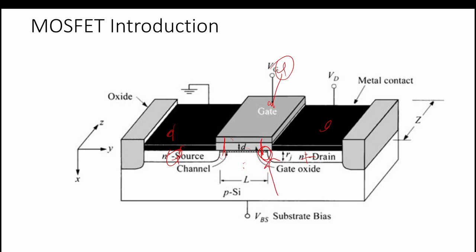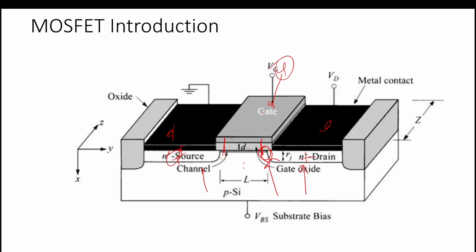This region wouldn't be inverted, so there wouldn't be a proper connection between the source and drain. So a small part of the gate should overlap with the source and drain.